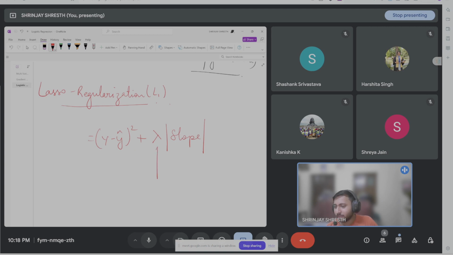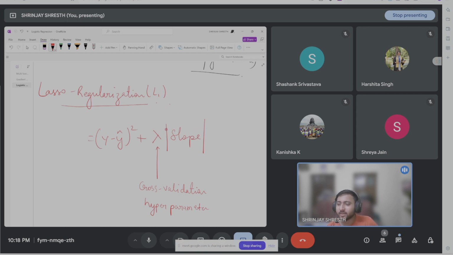Your lambda is known as your cross validation hyperparameter. And what this slope is simply, you know.